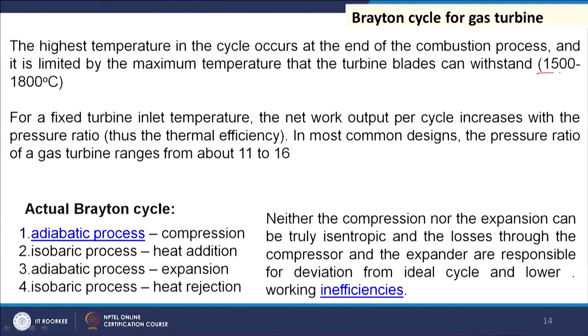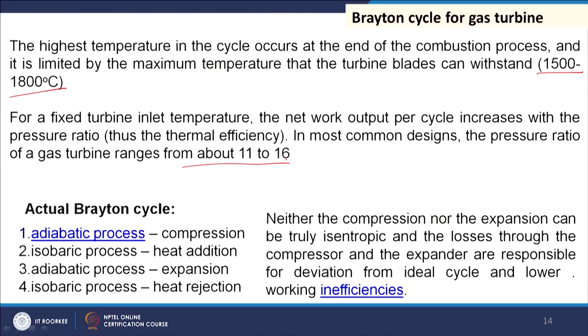So, maximum say 1500 to 1800 degree centigrade can be used, or we can change the pressure ratio P1 by P2. By changing the pressure ratio, we can change the efficiency, and it has been reported that the pressure ratio of a gas turbine ranges from around 11 to 16. So, pressure ratio as well as operating temperature both influence the performance of the gas turbine.